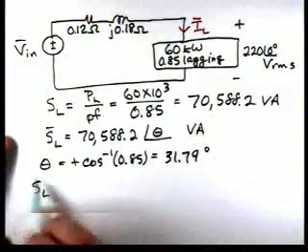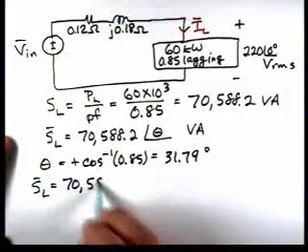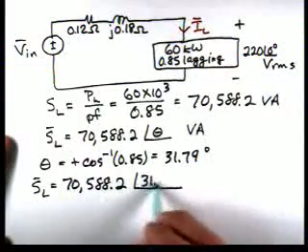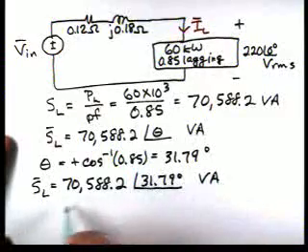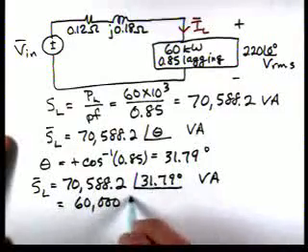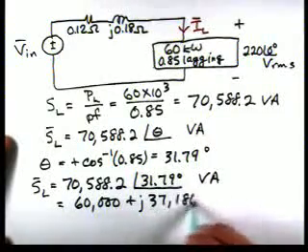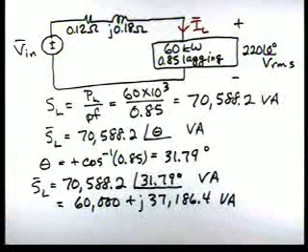So then the complex power for our load is given as follows. And that can also be rewritten in rectangular form. So there's the complex power for our load now.